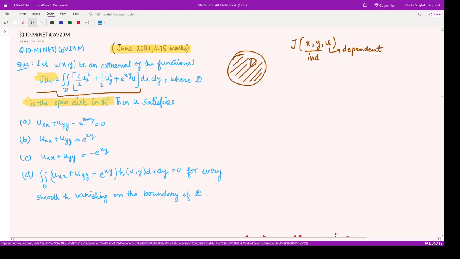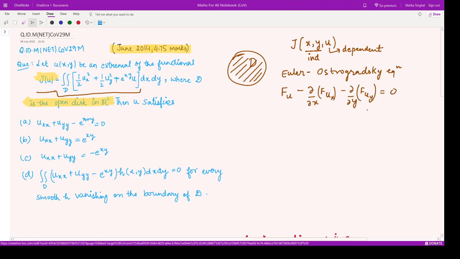So, the variation equal to 0 gives the extremal. Here it provides us with the Euler-Ostrogradski equation, which is the partial derivative of f with respect to the dependent variable, which is u in this case, minus the partial derivative with respect to x of f with respect to u_x, minus the partial derivative with respect to y of f with respect to u_y, is equivalent to 0.